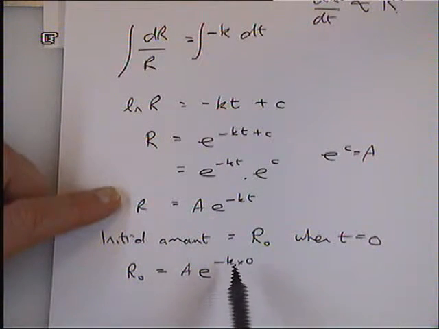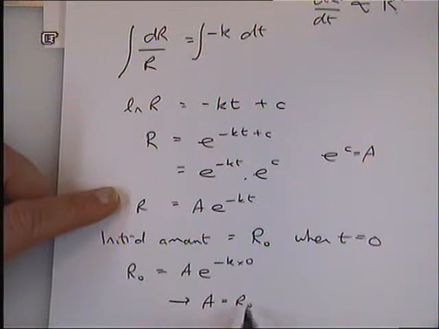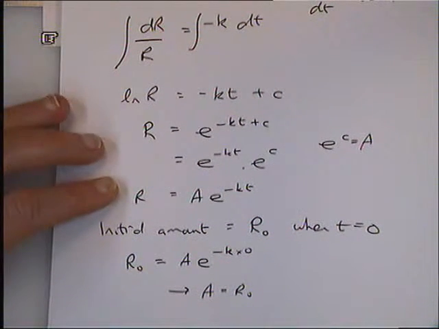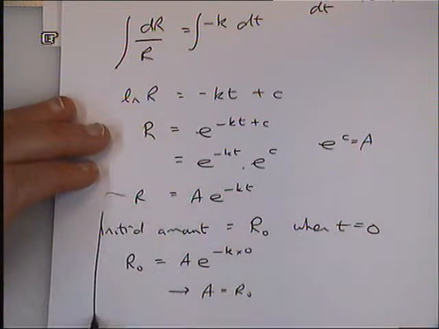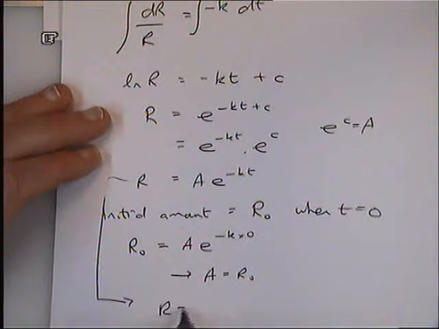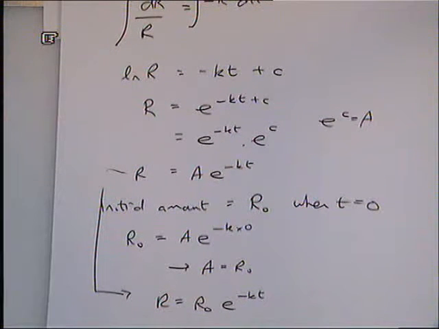And we said before, e to the 0 is just 1, so that tells you that A is the same as R0, the initial amount of radioactivity there. Which means that formula becomes R equals R0 e to the minus kt. This is just following the same pattern that we did last time.